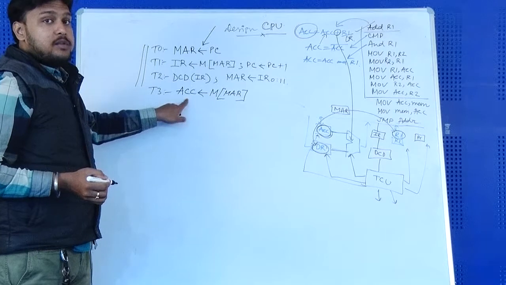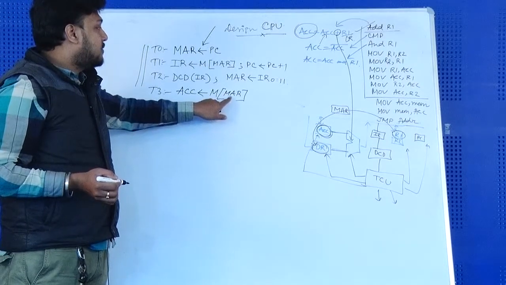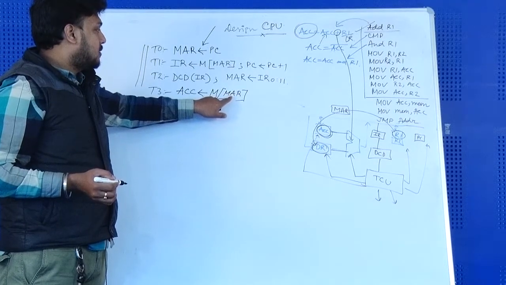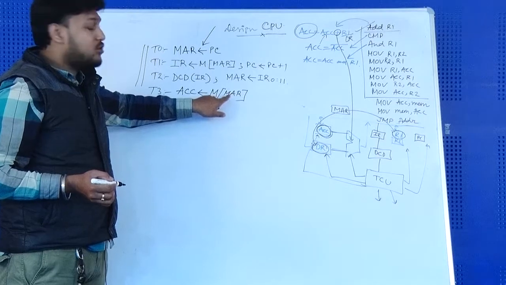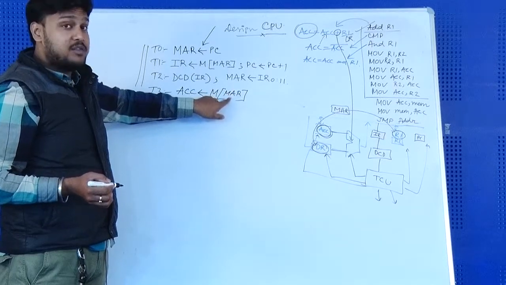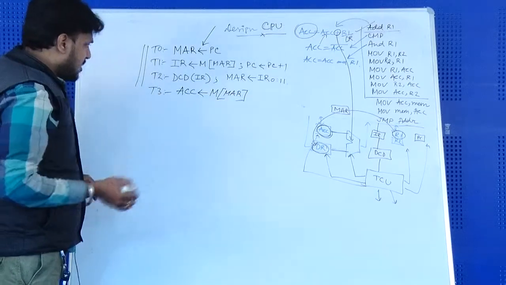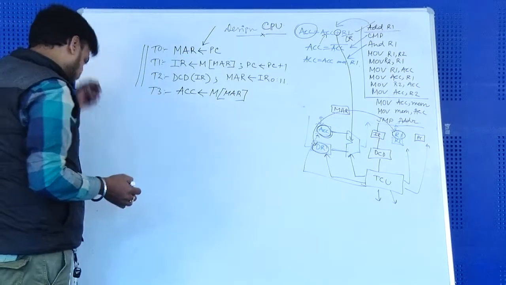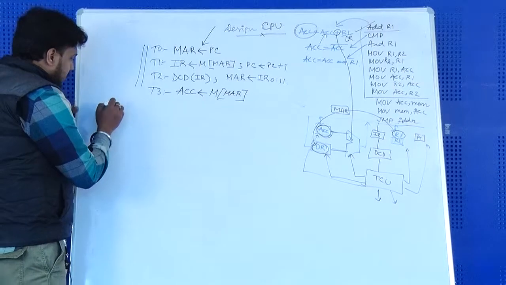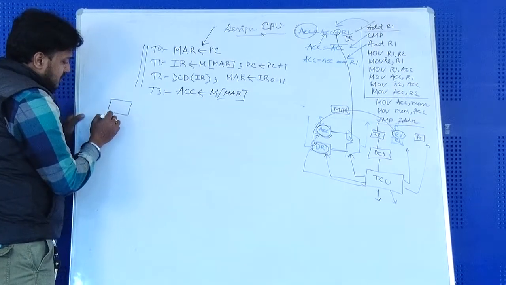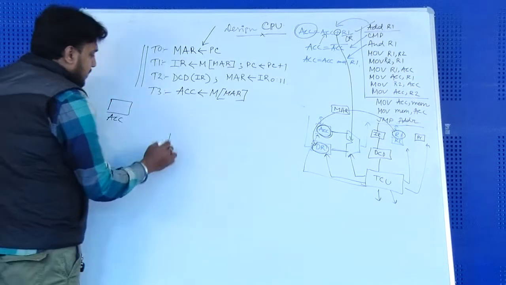The accumulator will have the value stored at the particular address which is held by the MAR. Let us take an example. Suppose this is the accumulator and this is the memory.